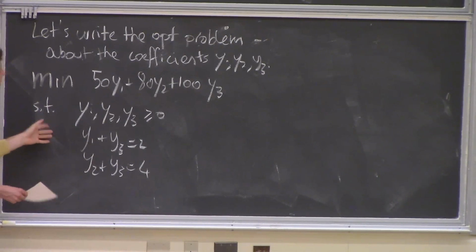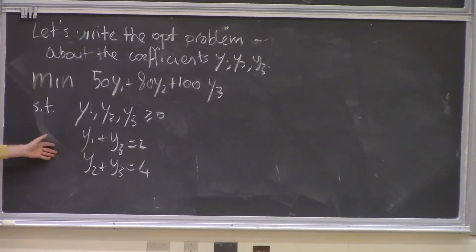But in this case, we can see that here what we had was the solution 0, 2, 2, which is the optimal solution to this linear program, where we assign the value 0 to y1, the value 2 to y2, and the value 2 to y3.